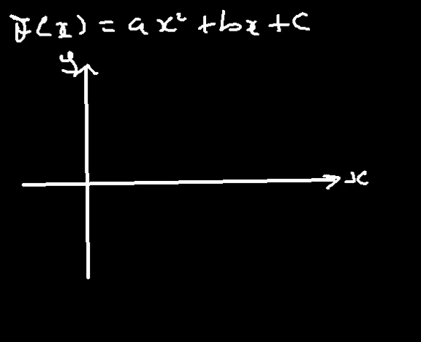Whenever the value of a is positive, the graph will concave upwards. Let's say this is the parabolic graph, a quadratic graph. So here, the value of a is positive. That's what it means.